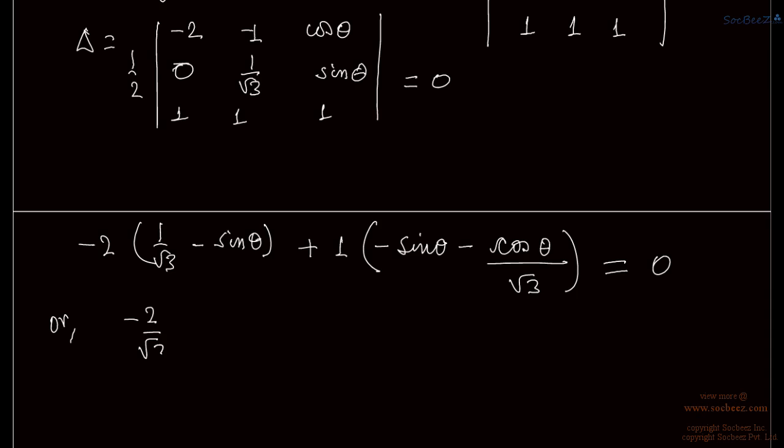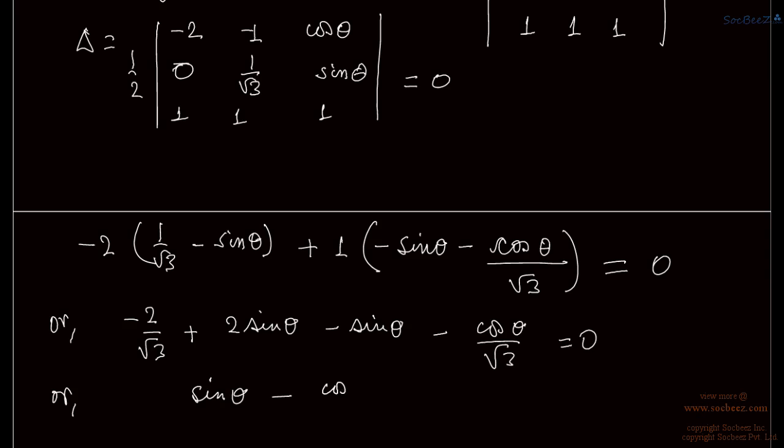Or we have minus 2 upon root 3 plus 2 sin theta minus sin theta minus cos theta upon root 3 is equal to 0. Or we have sin theta minus cos theta upon root 3 is equal to 2 upon root 3.